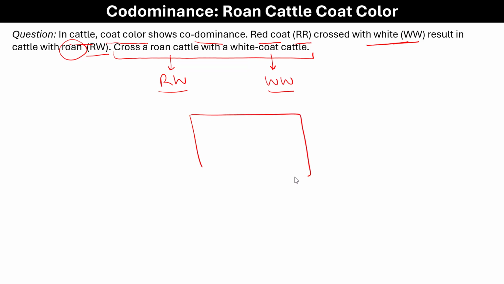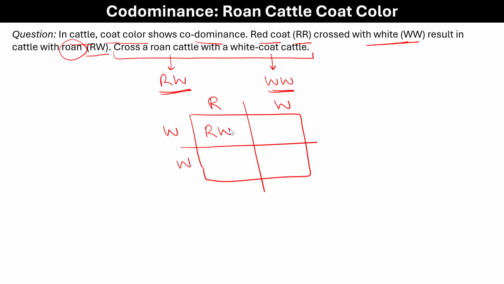If you make a cross of these two, this parent will give you R and W gametes and this will give you W and W gametes. So a combination would be this.